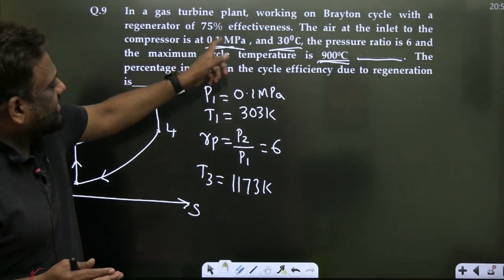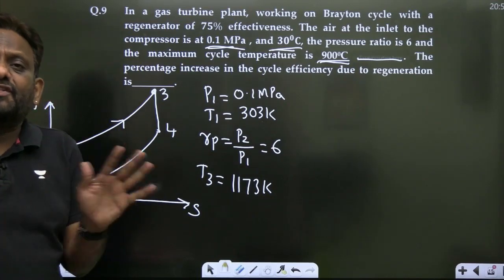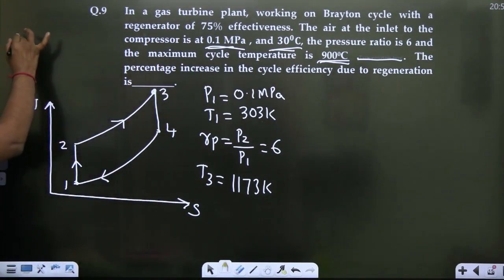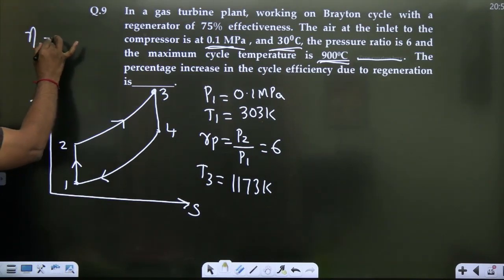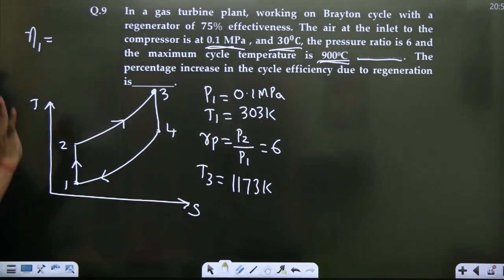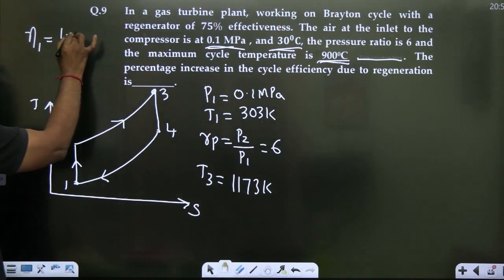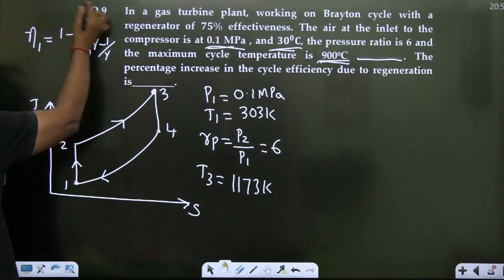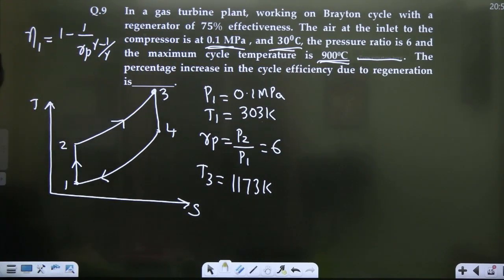The percentage increase in efficiency. Let us calculate the efficiency without regeneration. For a simple cycle, the efficiency without regeneration, the original, is 1 minus 1 by Rp power gamma minus 1 by gamma. This is the equation for the efficiency of a simple Brayton cycle.